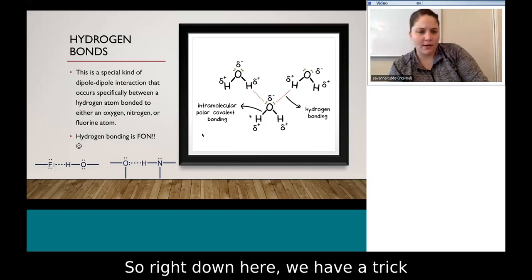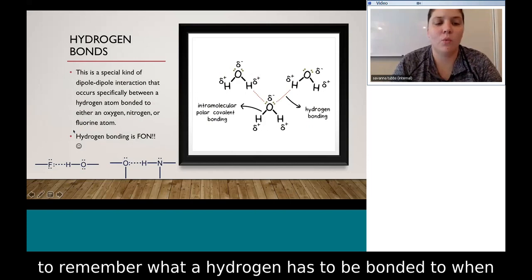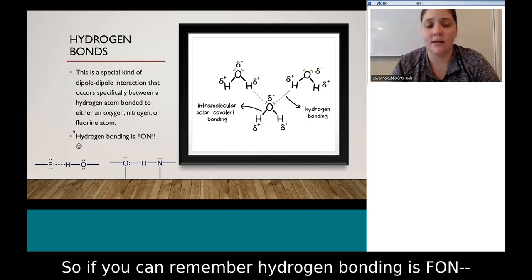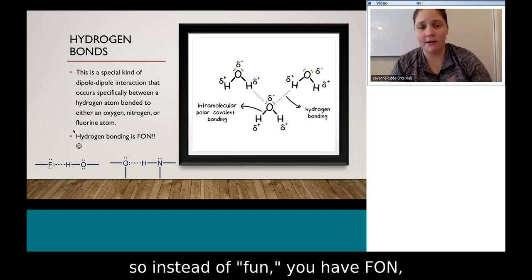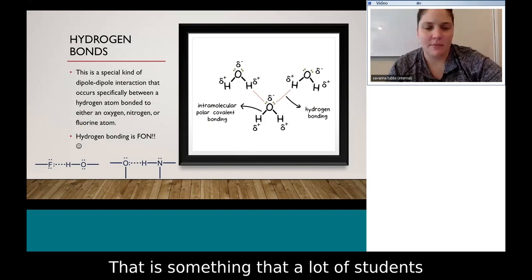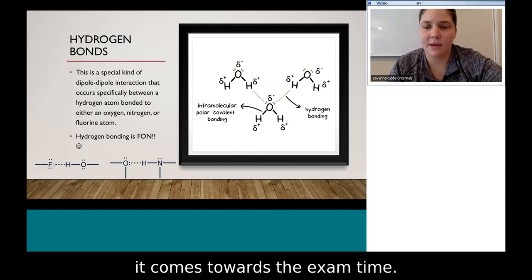Down here, we have a trick to remember what a hydrogen has to be bonded to when it comes to the exam. Hydrogen bonding is FON, so instead of FUN, you have FON, which is fluorine, oxygen, or nitrogen. That is something that a lot of students use as a little trick to help them remember when it comes towards exam time.